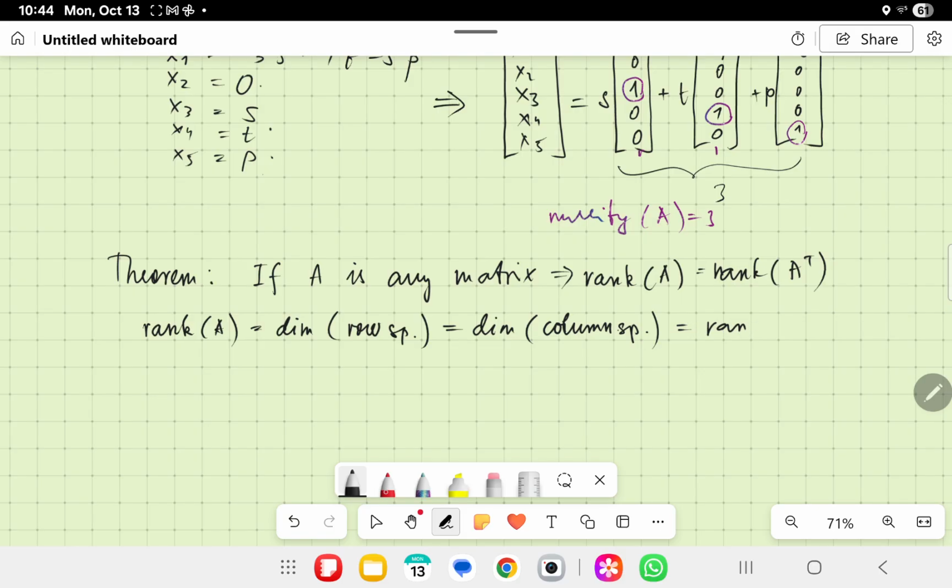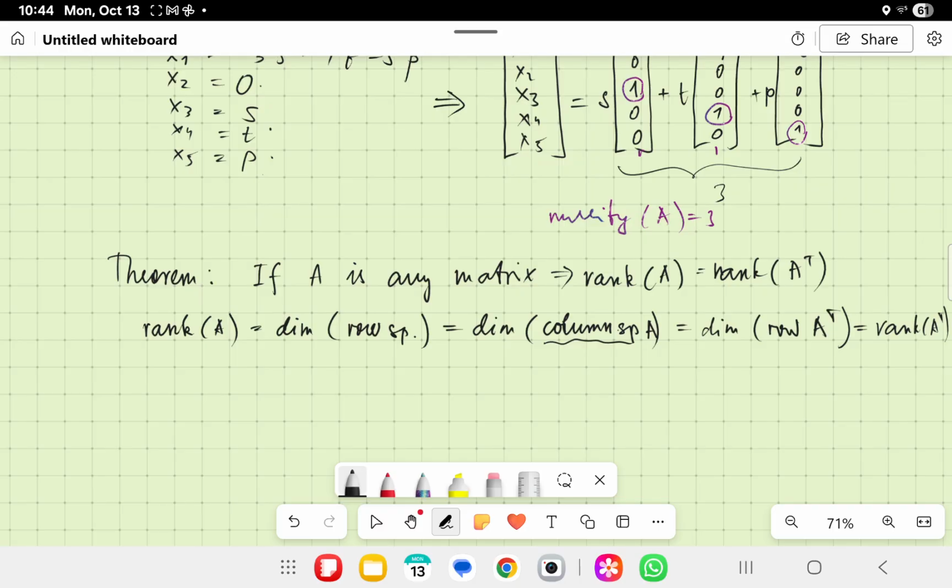Let me do one more step here. It's the dimension of the row space of the A transpose matrix, because columns of matrix A are making rows of the transpose matrix, and that's going to be equal to rank of A transpose. Kind of obvious, but it still needs to be stated. Right?